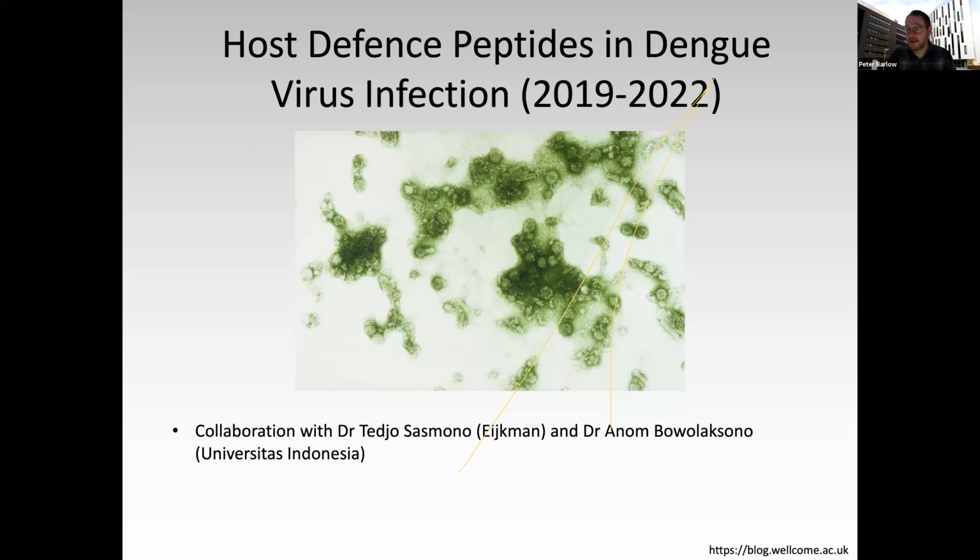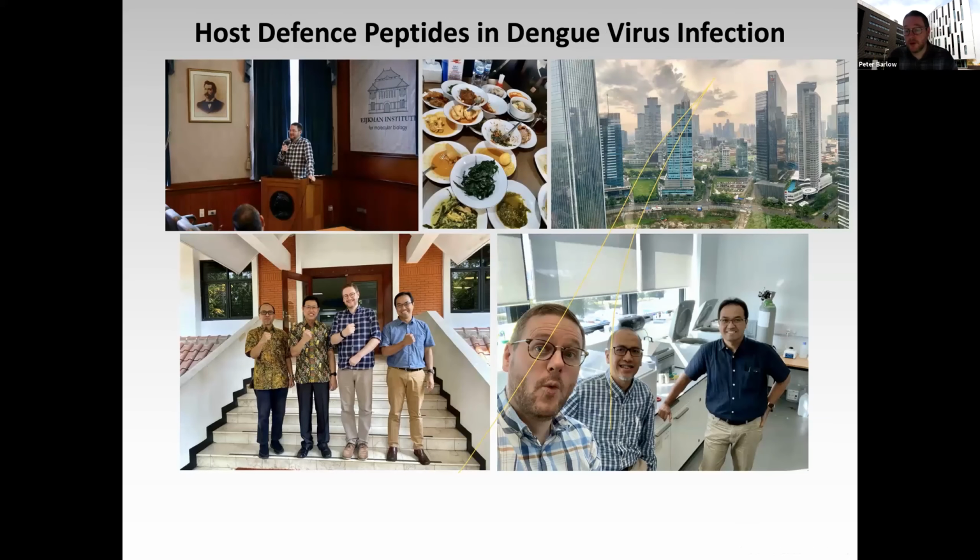And I'm sure that dengue virus is a pathogen that you guys in Sri Lanka are all very familiar with because it has a huge global burden of disease. So I've been lucky enough to go out and work with my partners in Indonesia.